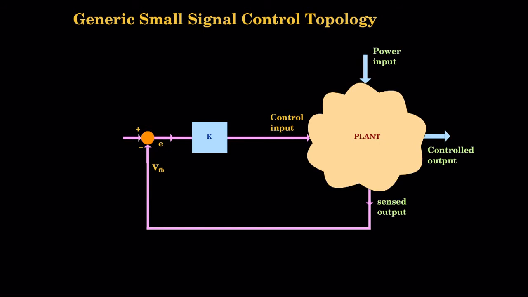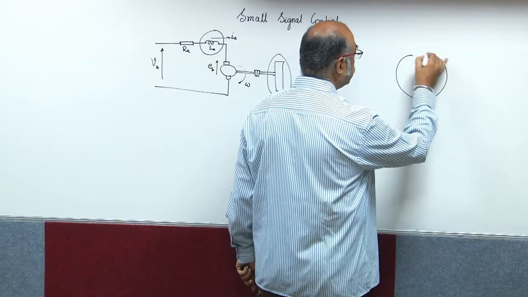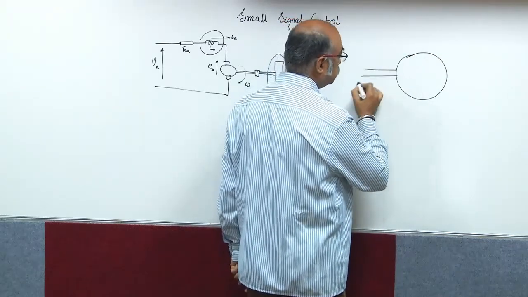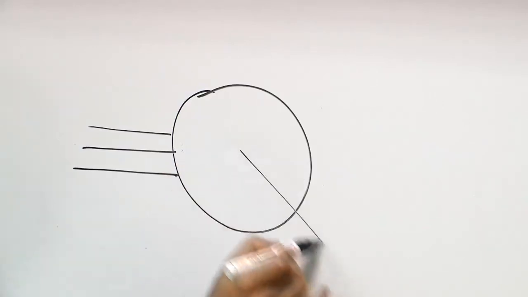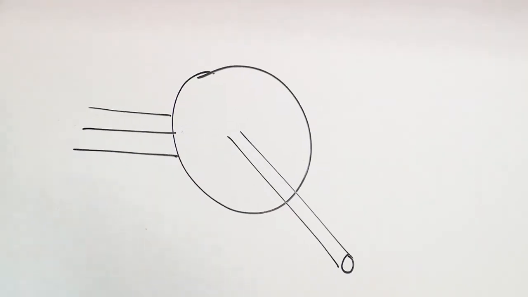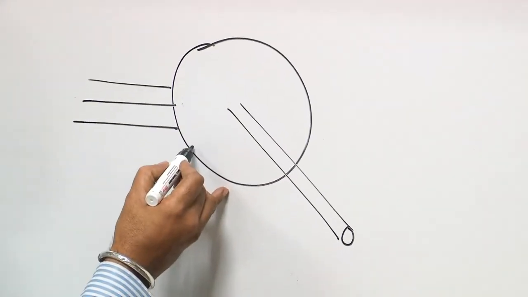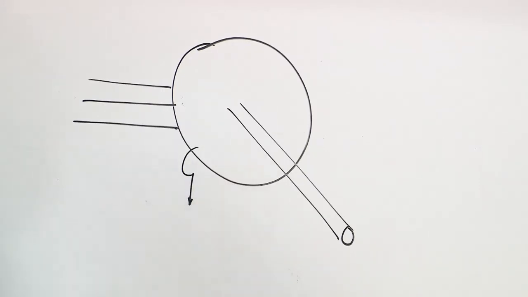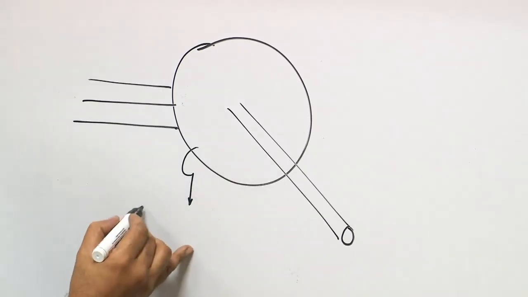So, if we take an induction machine, what are the state variables? For a 3-phase induction machine, let us say I am having a shaft. I will just list down because you may or may not note the model.